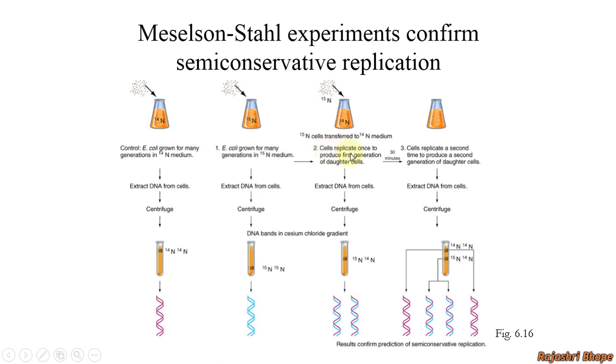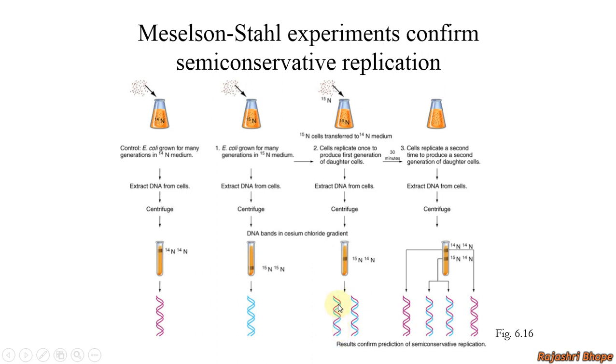The cells replicate once to produce the first generation of daughter cells. Then the DNA is extracted from such cells and centrifuged. Since these organisms were grown first on heavy nitrogen and now on normal nitrogen, they will have one strand of light blue color and one strand with a pink color. Why?